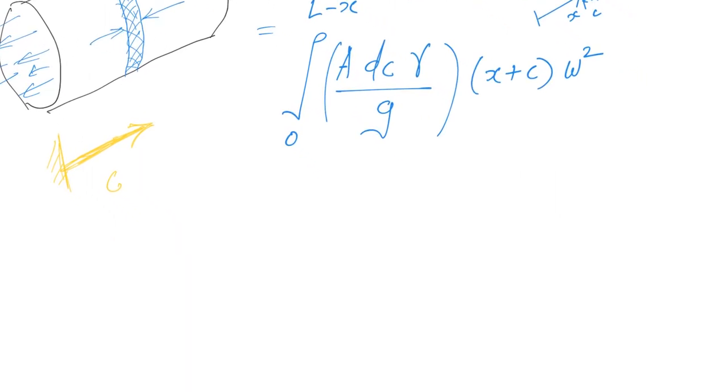Now the simple maths. I don't think I have to show you all the steps, even then I will do a few. A can be taken out of the expression because that is not varying with respect to my c variable. The area of cross section is the same across the length, so I can take A, I can take gamma because my material is homogeneous, I can take g outside, I can take omega square outside.